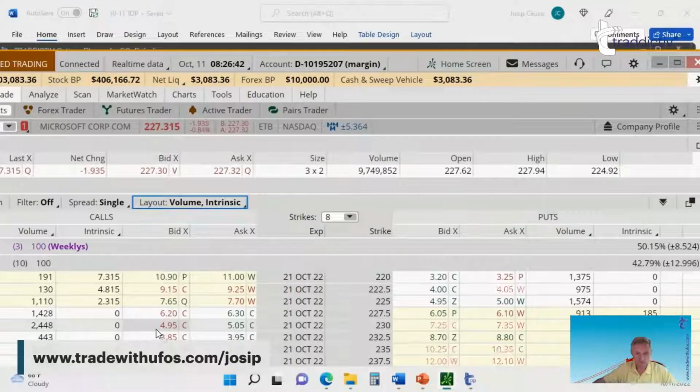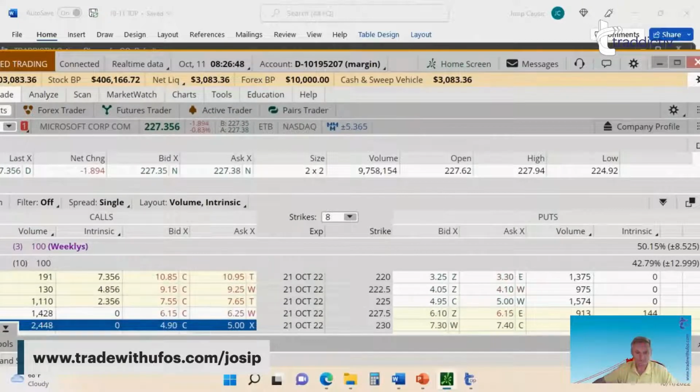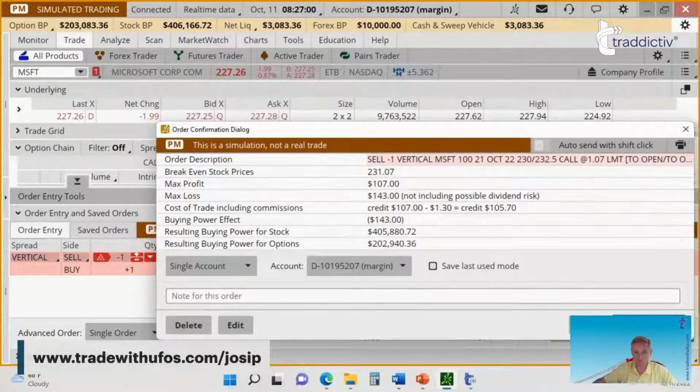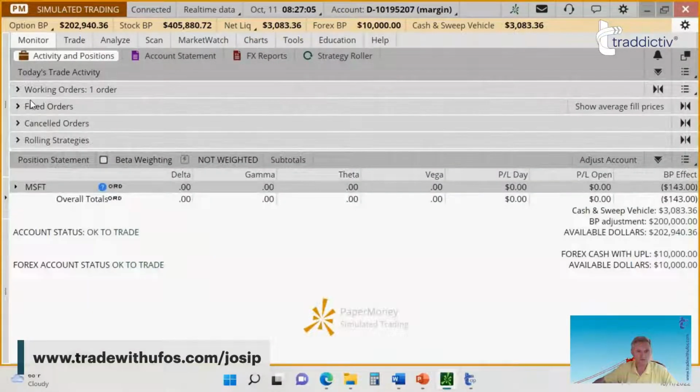So I'm clicking on the bid. I'm selling the vertical just one time. When the vertical populates right here, I'm going to fire the trade in, and I want to make sure that, oh, now it's only $1. Wow, let's see if I can get to 107, because the more I talk, the more this thing changes from what it is.